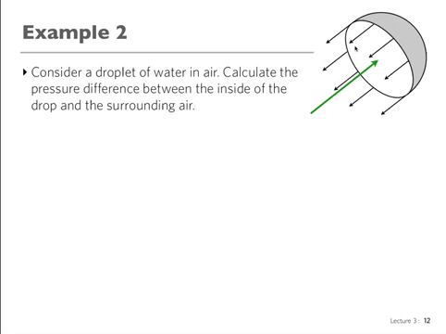Of course, the other half is going to have exactly the same situation, and the surface tension is sort of keeping the two halves together, right? So we're going to do a free body diagram, which I've already pictured here, of one half of the drop.